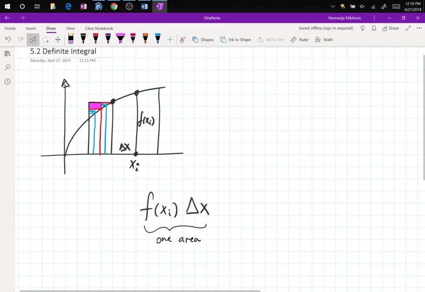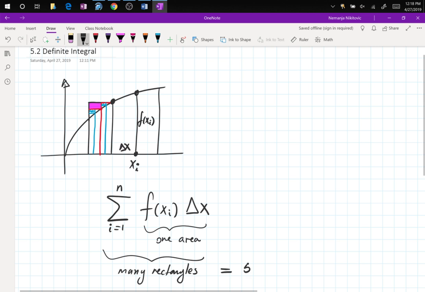Now I'm going to introduce the summation symbol, which looks like this, sigma. And I'm going to say the counter will start at 1 and go to n, which is as many rectangles as you want. This is many rectangles. And this is equal to 5.1. If your n is 4, you will have 1 to 4, 4 rectangles.